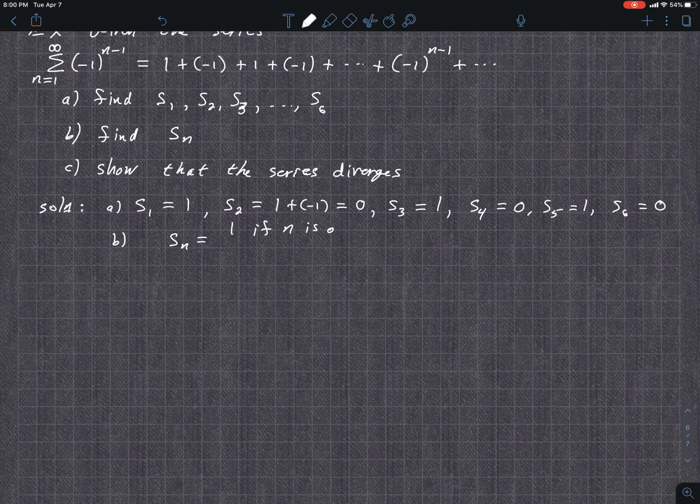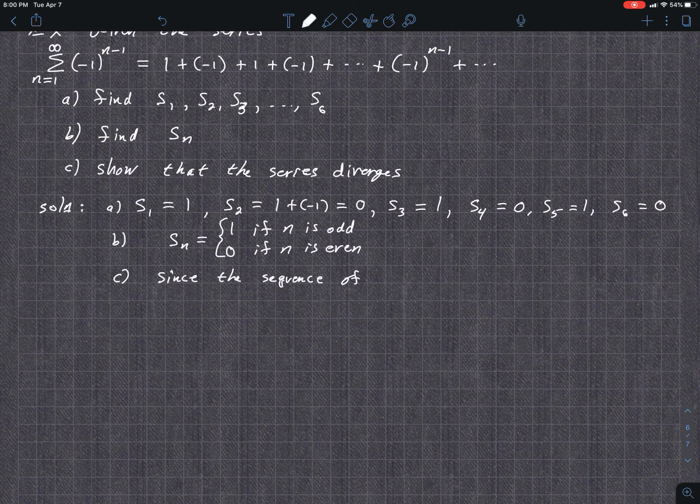So S sub n is equal to 1 if n is odd, or 0 if n is even. So yes, that's what you get. So it never converges to a specific value. It never gets close to a value. Remember that the limiting value has to get closer and closer.